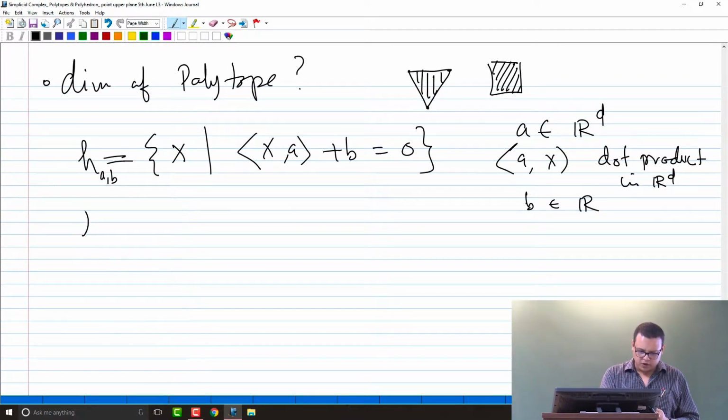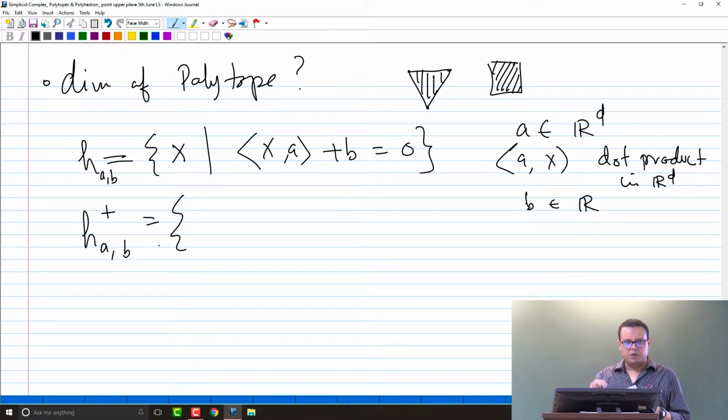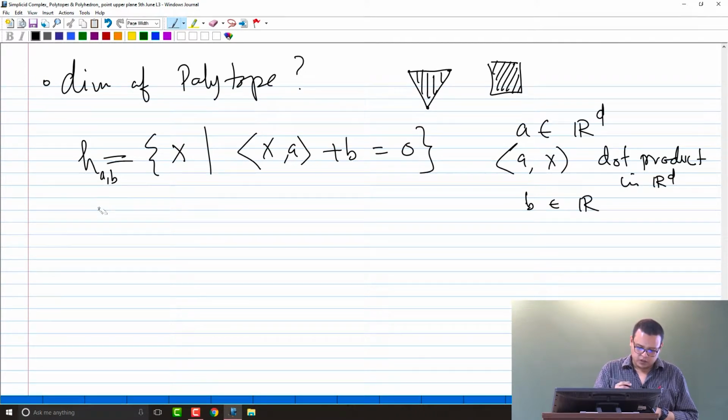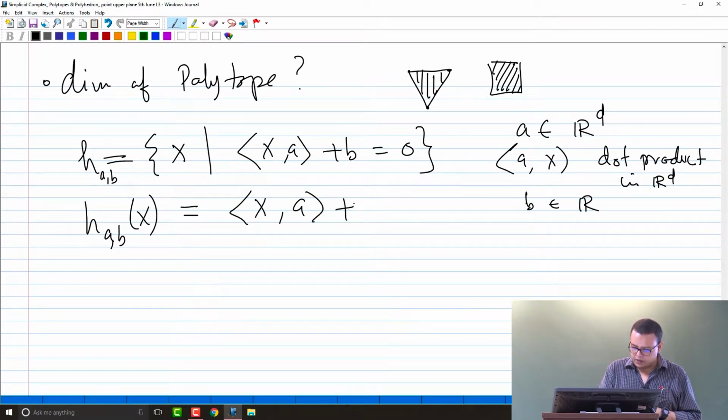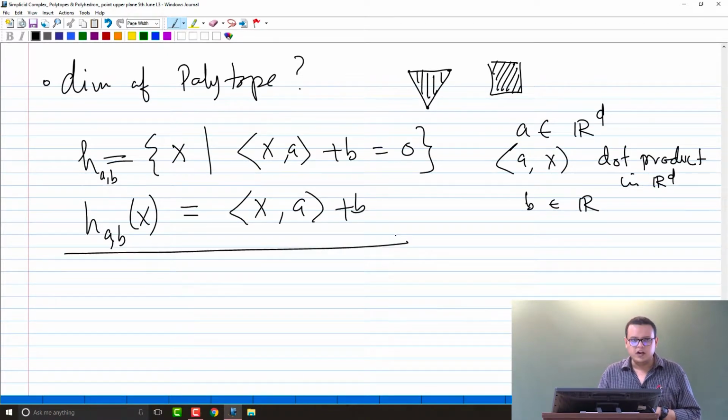Then similarly you can define the positive side of the hyperplane. Another way to say it is that H_{A,B}(x) is a function of the form x·A + B, and the zero set of this linear function will be your hyperplane.